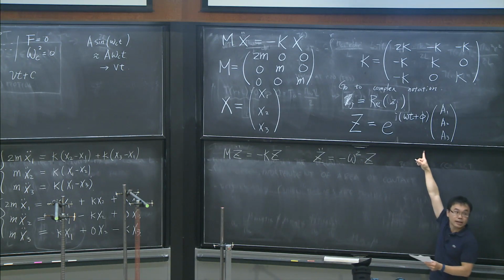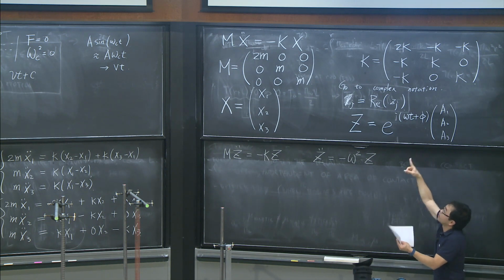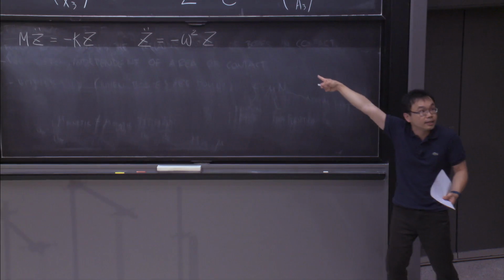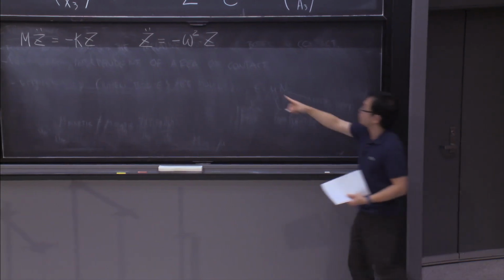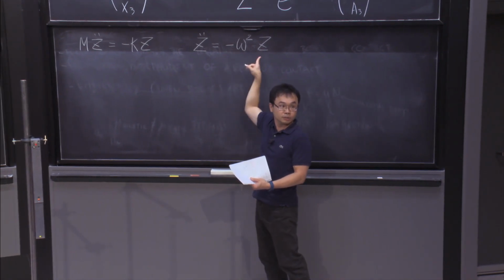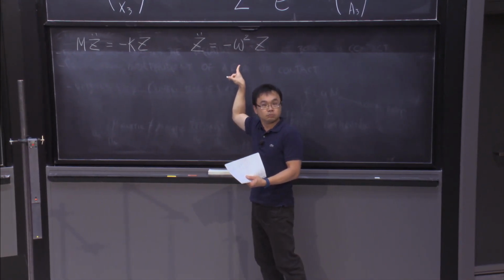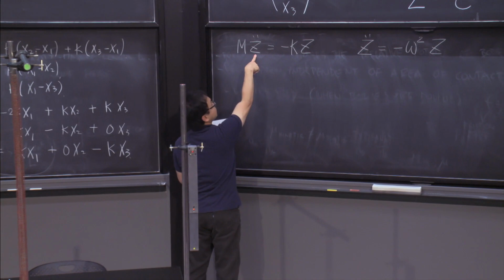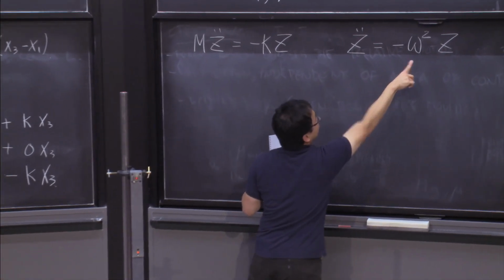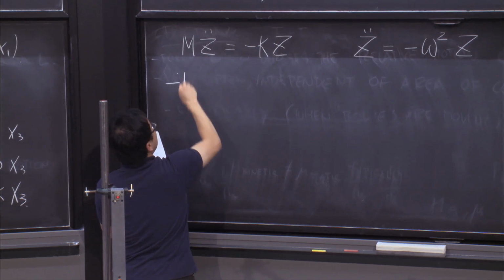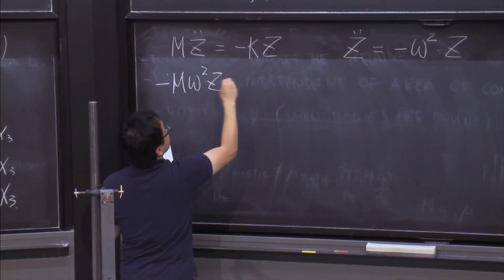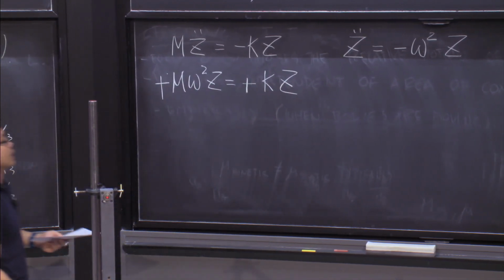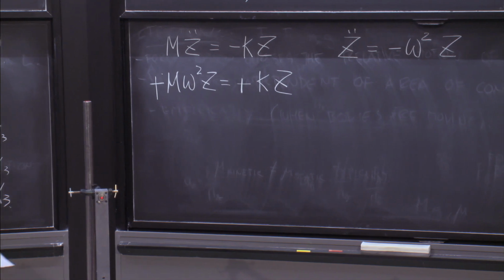Because each time I do a differentiation, I get an i omega out of the exponential function, and I cannot kill that exponential function, so it's still there, right? Therefore, I get minus omega squared in front of Z. I hope that doesn't surprise you, okay? So that's very nice and very good news. That means I can replace this Z double prime with minus omega squared Z. Then I get minus M omega squared Z, and this is equal to minus K Z. And I can cancel the minus sign. That becomes something like this. Okay?